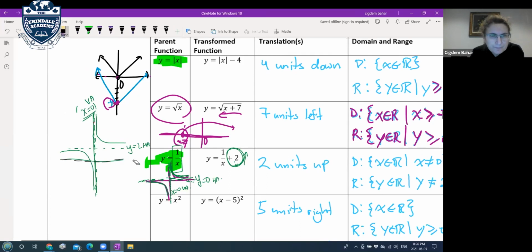Now I shifted this line 2 units up. Instead of 0, I have the asymptote at y equals 2. So you have 2 portions, one here, the other one here. They don't touch the asymptote, they just get closer.